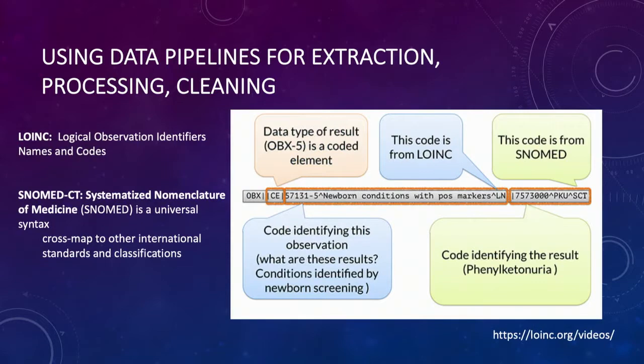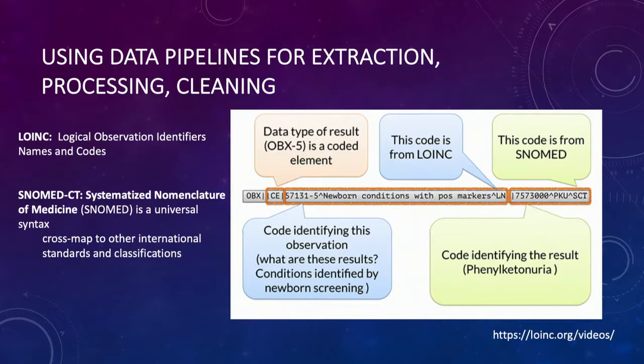To talk about LOINC, so logical observation identifiers, names, and codes. This came out in, I think, the 90s as a solution for laboratory values initially. And it's expanded to radiology reports and then some exam findings too. Each LOINC code is unique, but the LOINC codes all tell a story based on 6 axes.